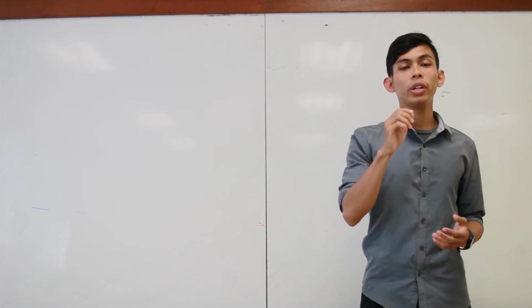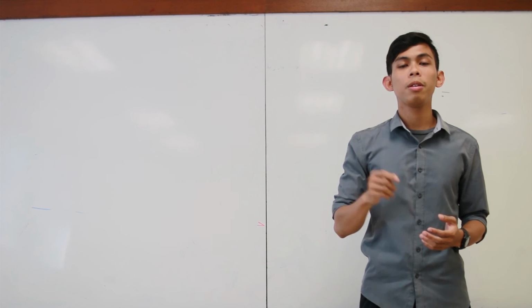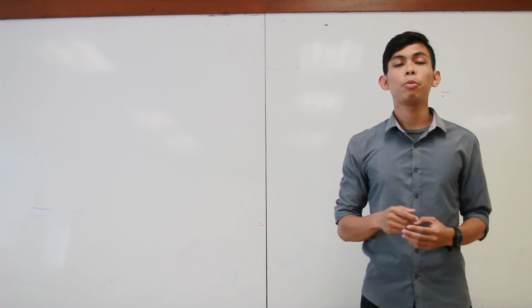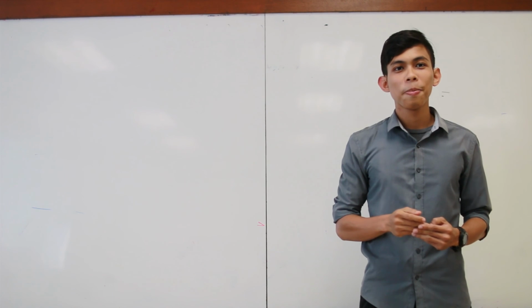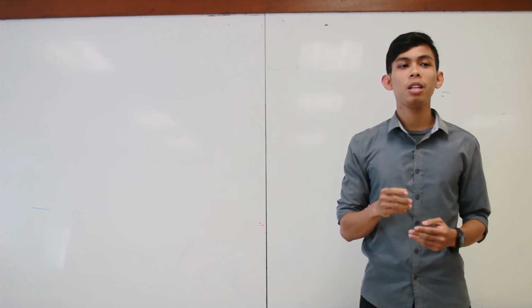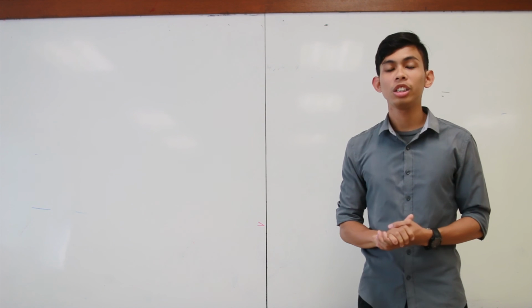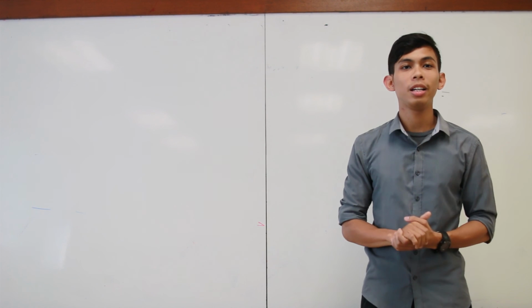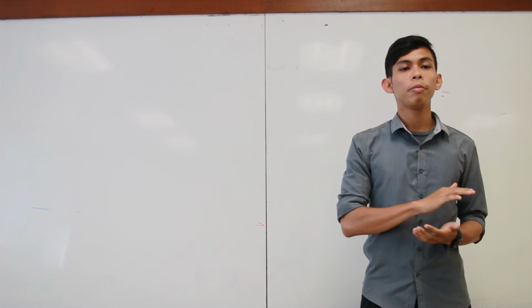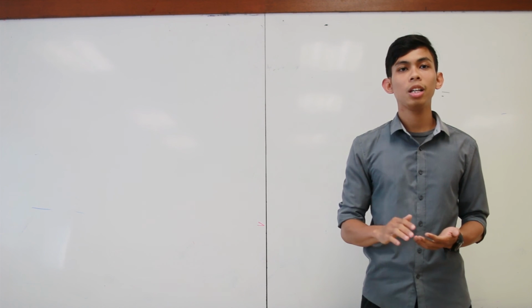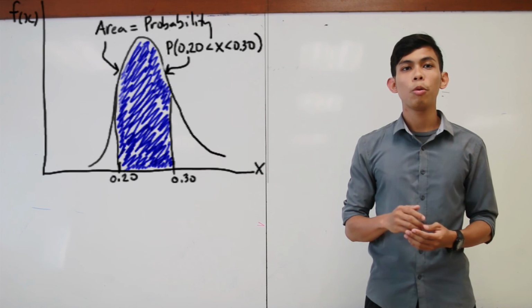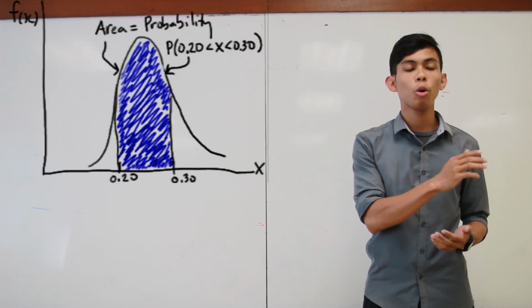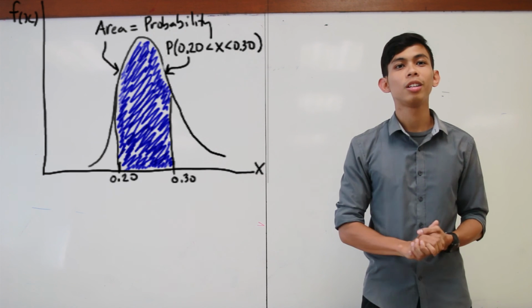From the equation of the line, we can calculate the probability by doing the integration process, as my friend explained in the example. With further calculation, we can get the probability for the range 0.2 pound to 0.3 pound.